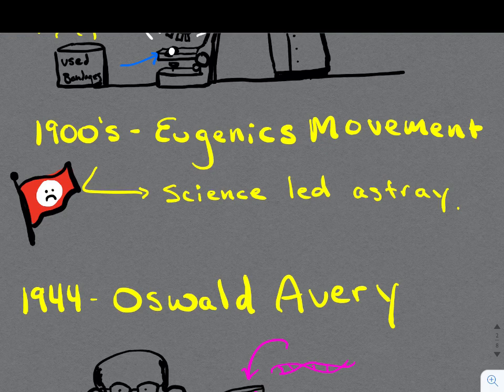Unfortunately, it was heavily politicized and involved in, for example, Nazi-era Germany. And this is an era that we refer to as science led astray. And we still use it as a really important moment where we realized how important it is to employ ethics within biology and to make sure that we're doing things in the right way, that we're not disenfranchising whole groups of people, and doing things for the sake of all humanity.